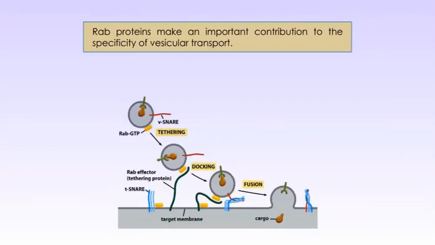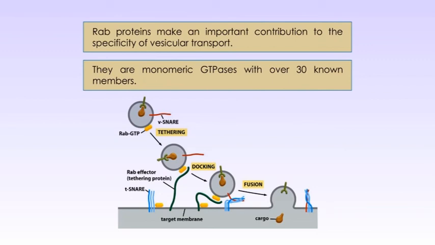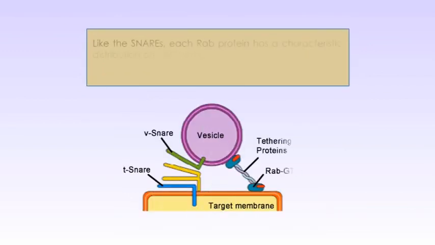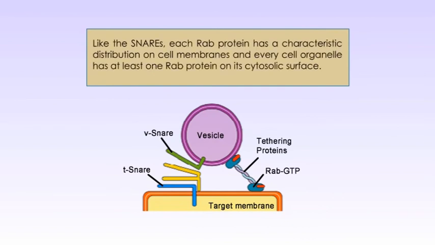Rab proteins make an important contribution to the specificity of vesicular transport. They are monomeric GTPases with over 30 known members. Like the SNAREs, each Rab protein has a characteristic distribution on cell membranes, and every cell organelle has at least one Rab protein on its cytosolic surface.